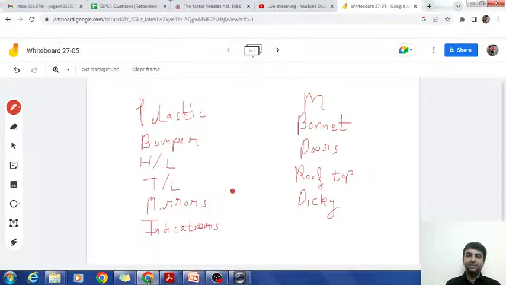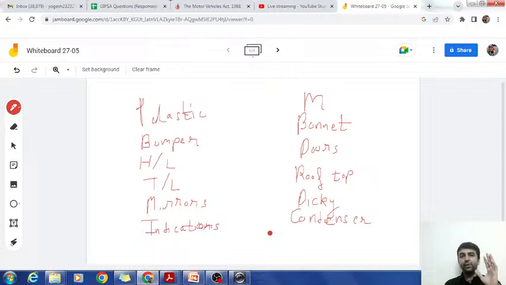There are some confusing parts like condenser. Condenser is made up of aluminium. Okay, so we take it as metal. It is pure aluminium or pure metal for your understanding. Condenser is a part of the AC assembly. It is used to cool down the AC refrigerant. Next part is radiator.